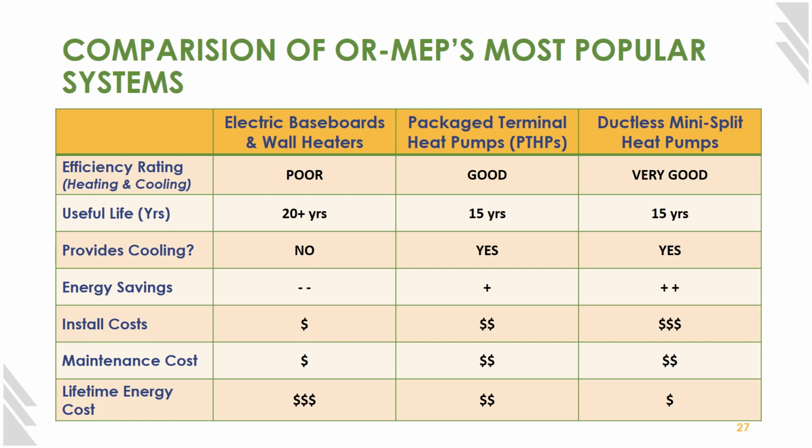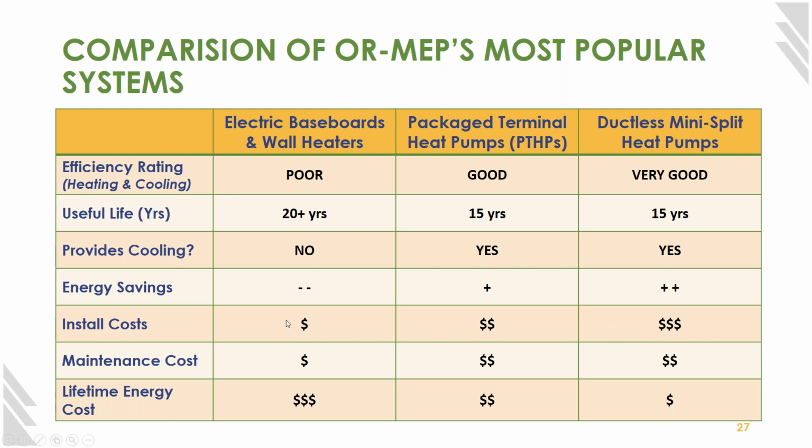To heat a space with electric resistance that's operating at an efficiency of 1, you're going to need a certain amount of electricity. To heat that same amount of space with a heat pump that's operating at 3 to 5 times that efficiency, you need less electricity. So therefore, your electrical service for both your building and for your individual apartment could be lower with a heat pump heating system than with electric resistance.